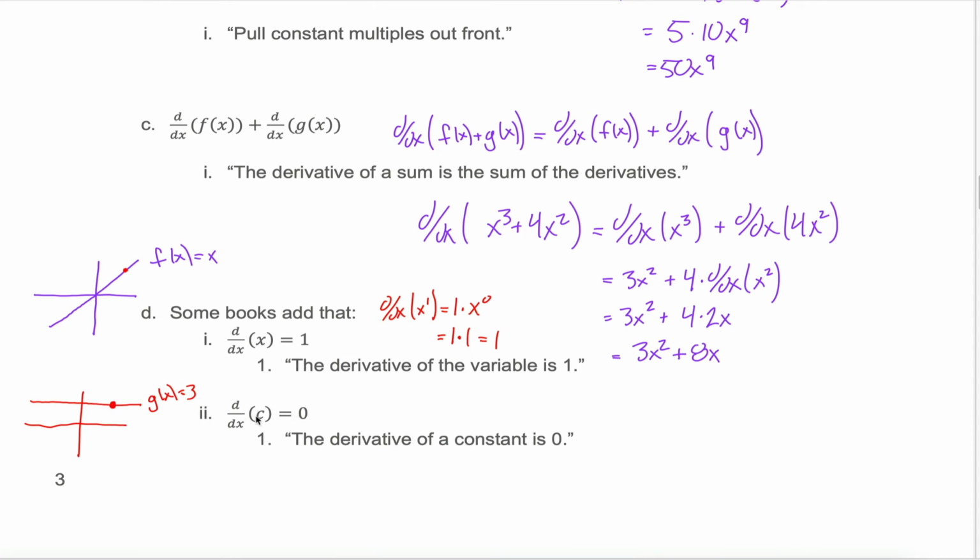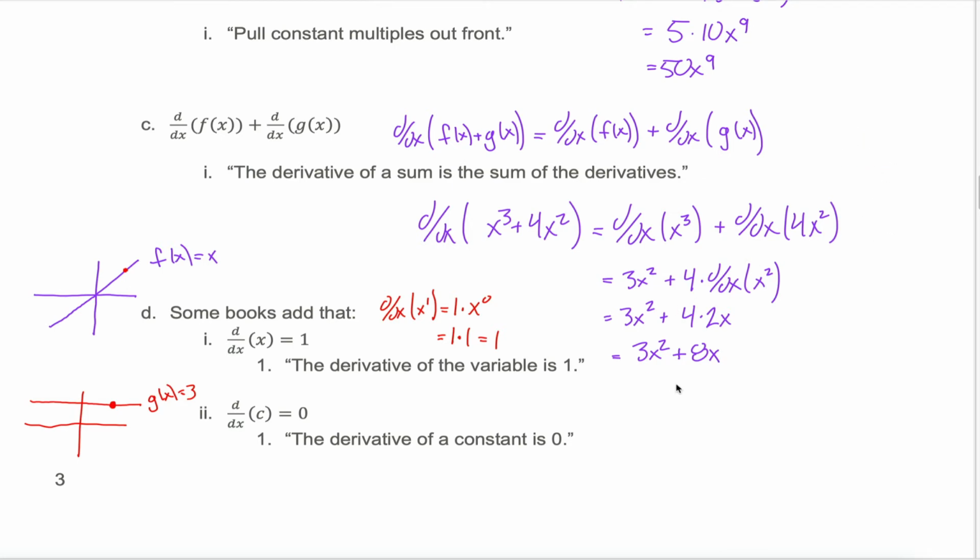We do not use this rule on this 4, for example. We use the coefficient rule to bring this 4 out in front of the derivative. You never take the derivative of 4. If you ever wrote d over dx of 4, that would be equal to 0. But you don't do that because of the coefficient rule. You bring it out in front of the derivative so you don't have to take the derivative of it.